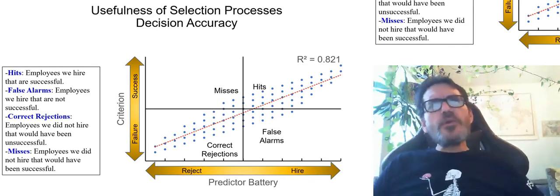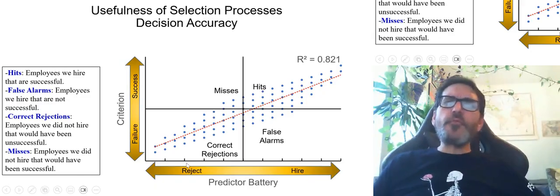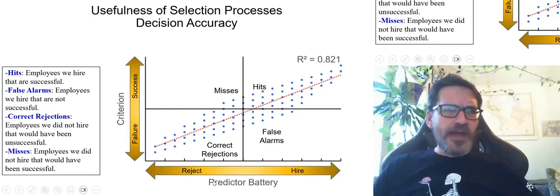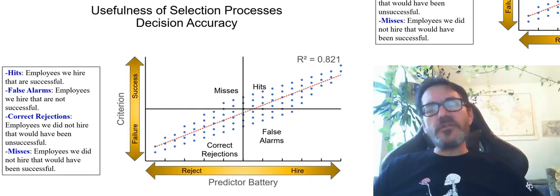Okay? So as we can see in this very pretty graph, we've got a situation where on the x-axis, we've got the score on the predictor battery, okay, the set of tests, selection tests.